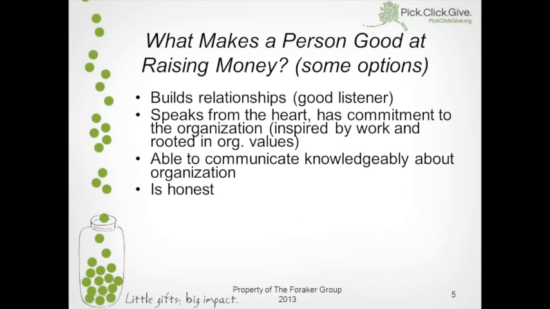Make sure you're connecting those dots and helping people feel connected. And again, the Pick.Click.Give website has an opportunity for you to explore your own organizational profile up there as well, and I'd just be focusing on how you are a good steward of people's money in that area.